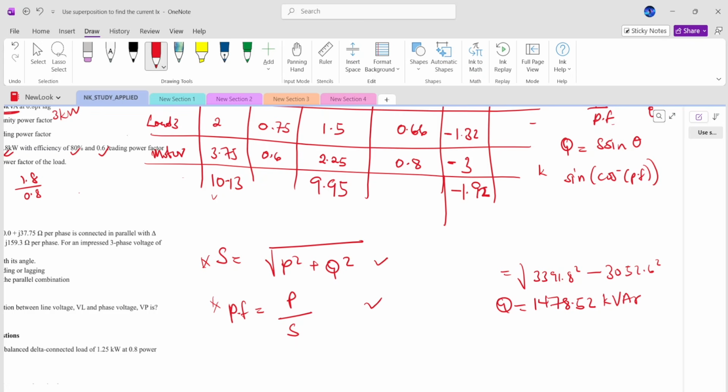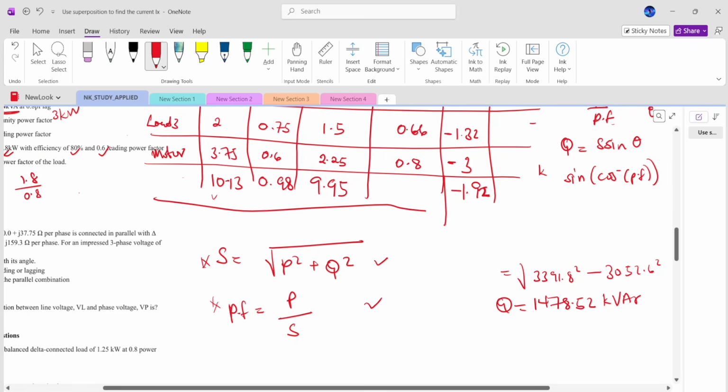So my total power factor is going to be total P over total S. That's 9.95 over 10.13, and that's going to be 0.98. And that's how you solve a question like this.